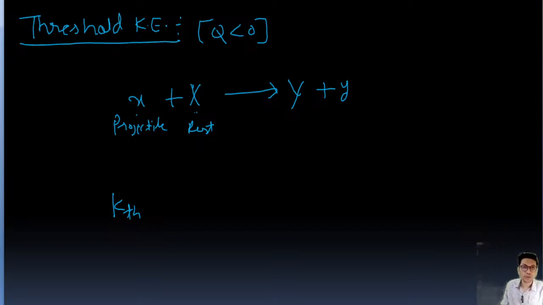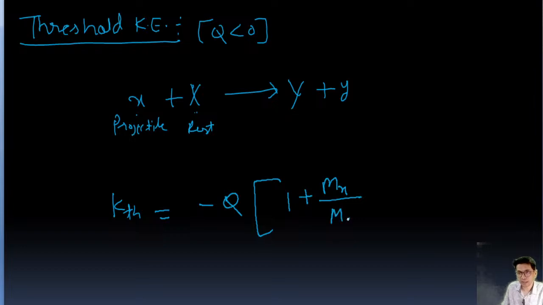So K_th is going to be equal to minus Q value into 1 plus small m_x upon capital M_x. This is a very important formula.